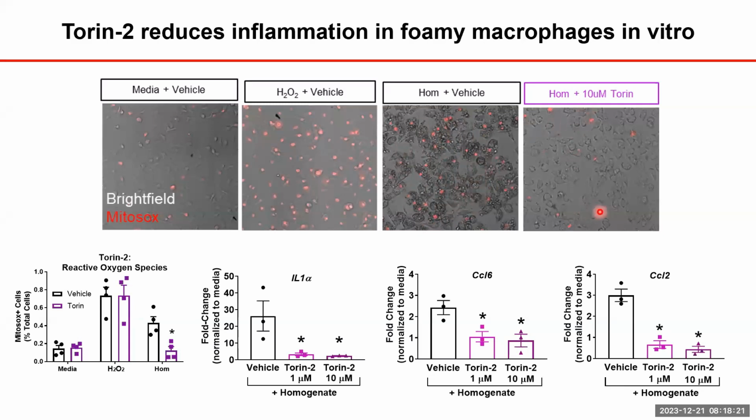And then when you treat these cells with TORIN-2, there is a significant reduction in MitoSOX signal. So that's quantified over here on the graph. Under media conditions, if you treat with the vehicle or if you treat with TORIN-2, there's not much change in reactive oxygen species production.